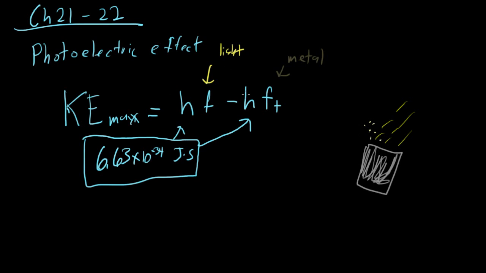Now this equation talks about how much energy these particles have for a certain frequency of light and a certain threshold frequency of metal. So given a particular metal, for which this will be just constant, we'll know what the threshold frequency is, and given a certain frequency of light, we can find the energy with which these particles are expelled from the metal.